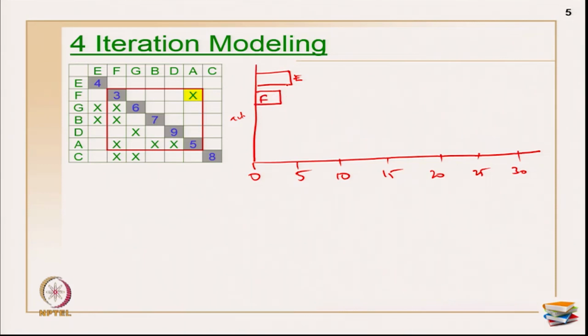Okay. So, after F I have to do my G and activity B, and both are actually dependent on F only and they are both parallel activities.